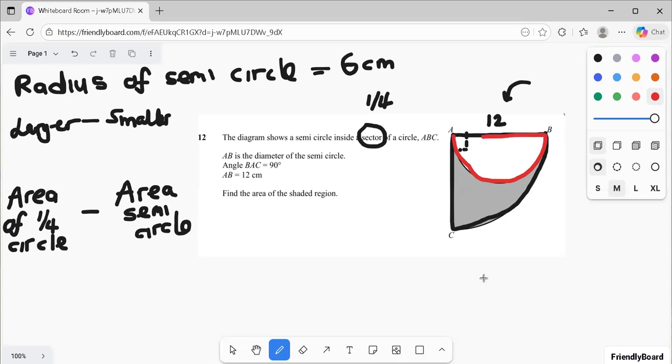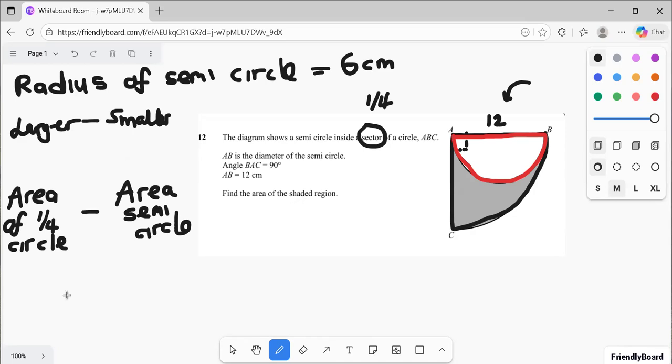You can see that the semicircle is actually inside of the sector, or inside of that quarter circle. So that makes it smaller. All right. So now let's find the area first. The area of the quarter circle, which is the larger shape there.